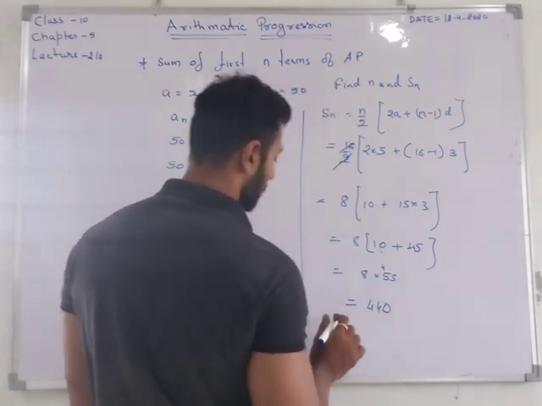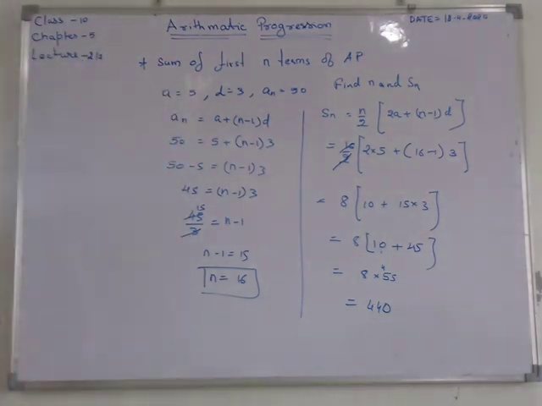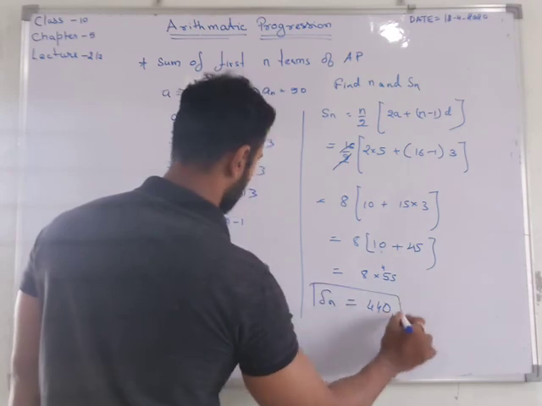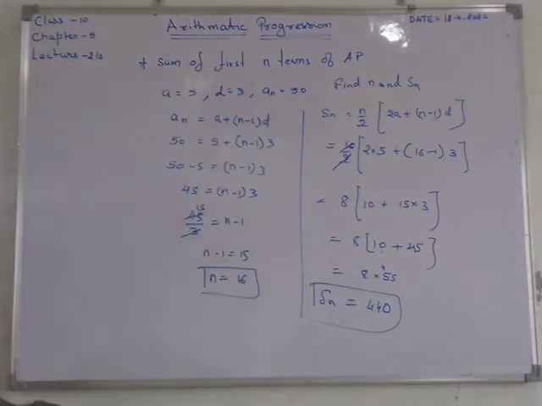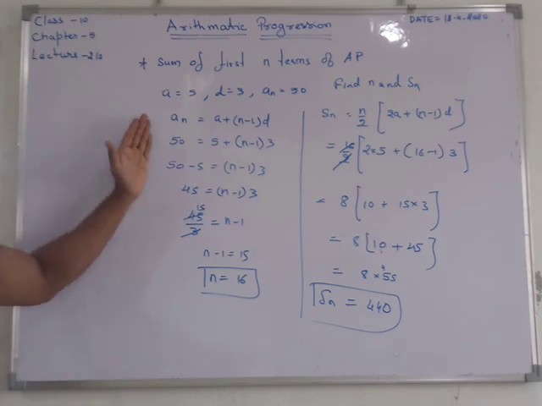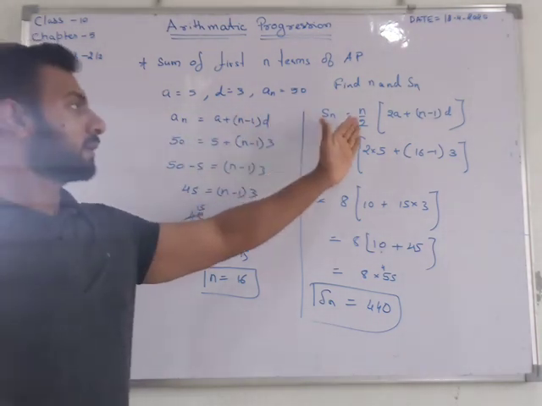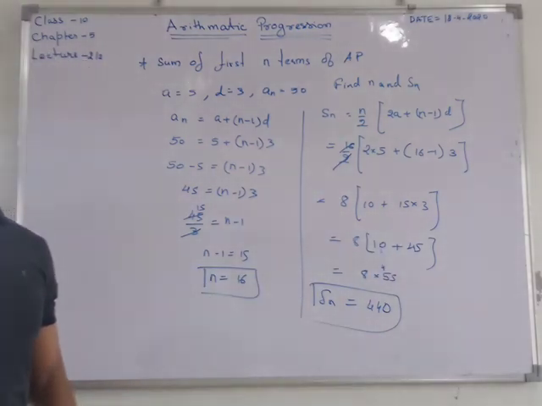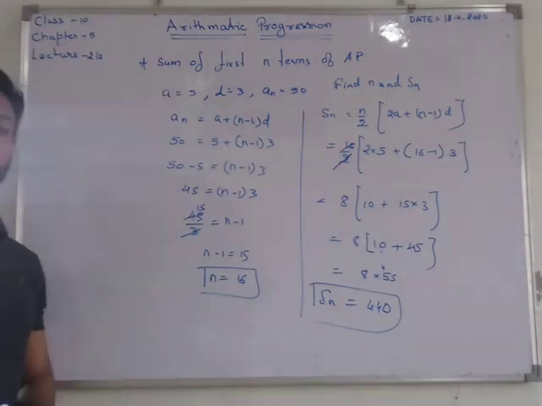So 440 is the sum and n is equal to 16. In this manner we can use both the general formula for finding the nth term and the sum formula, which is n by 2 into twice A plus n minus 1 into D, for solving the questions. We will be continuing this chapter in the next lecture. Thank you for listening.